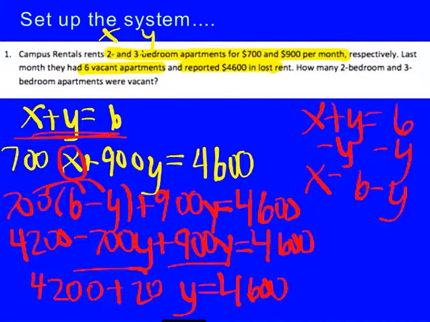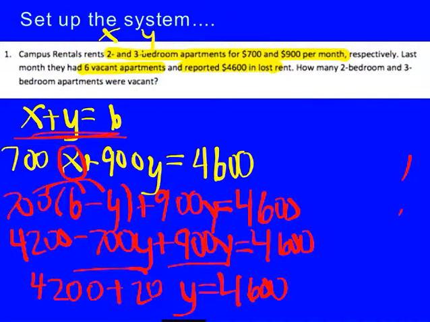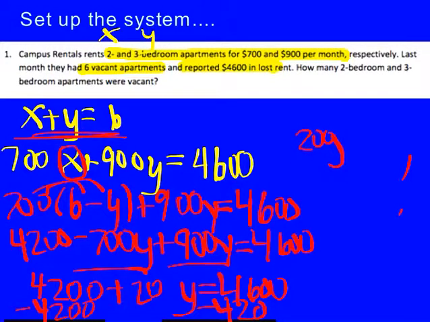So now I need to go ahead and finish solving this. I'm going to subtract that 4,200 over to the other side. So then I get that 200y is equal to 400.